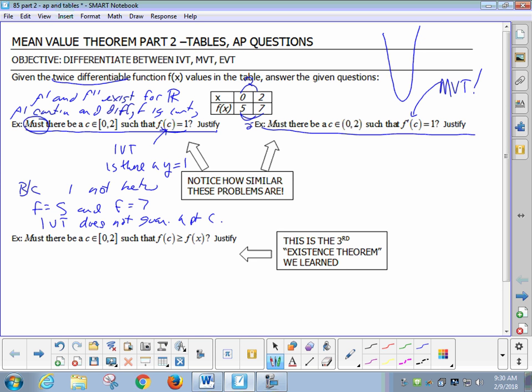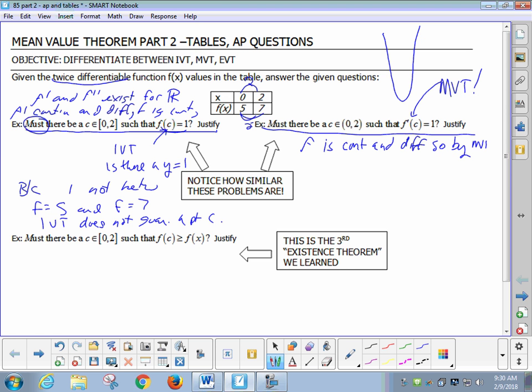We start by meeting the conditions. We would say F is continuous and differentiable. It's actually okay to just say differentiable because that implies continuity, and that's accepted. But I'm going to go continuous and differentiable. You could give the intervals, but it's continuous and differentiable for all.